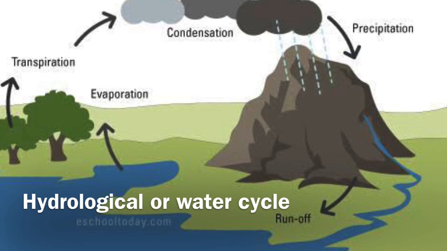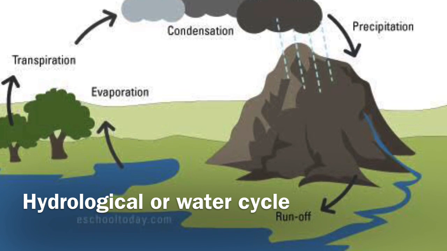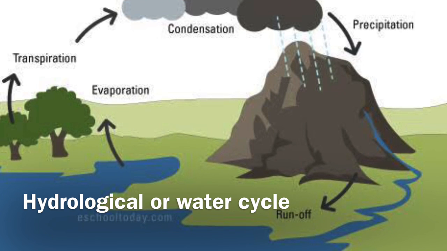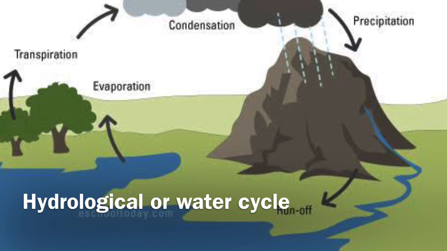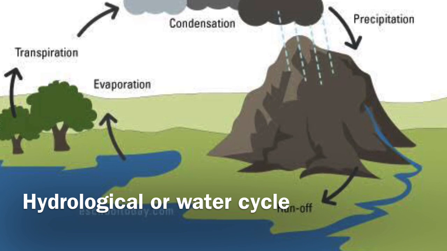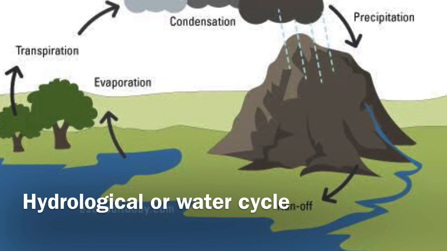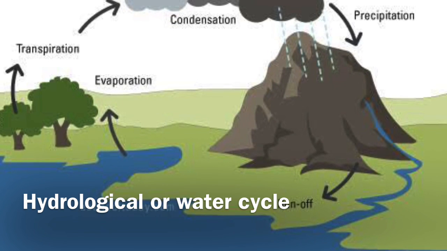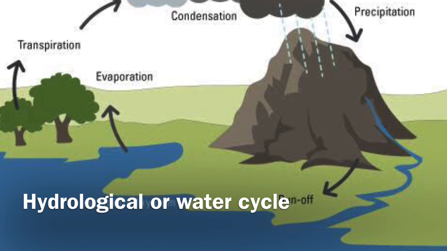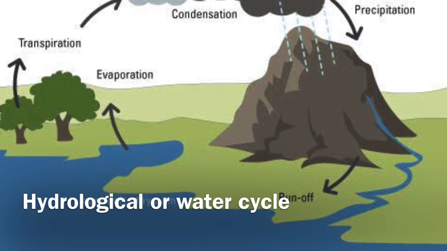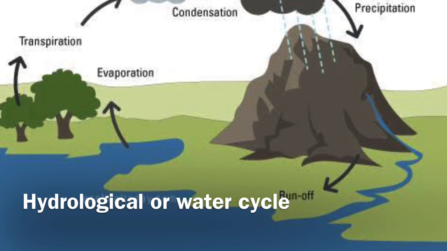There are three major processes involved in the water cycle or hydrological cycle. They are evaporation, condensation, and precipitation.